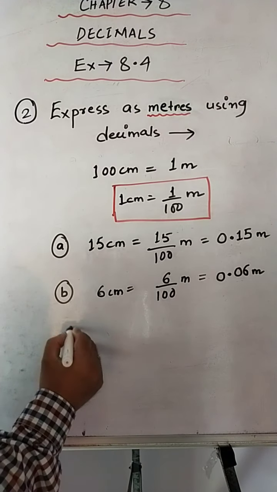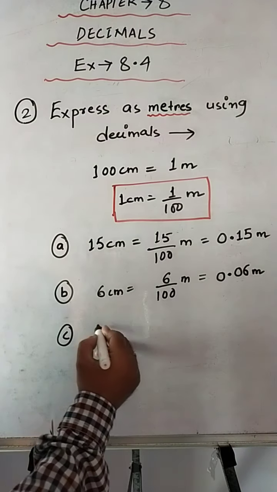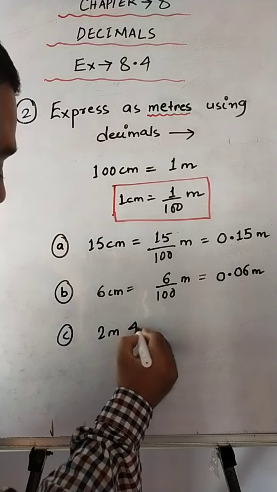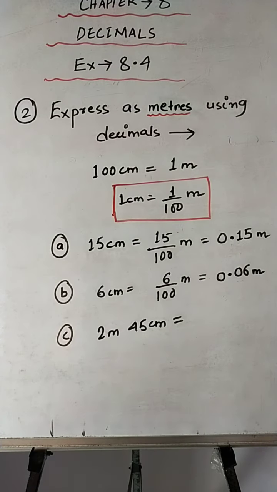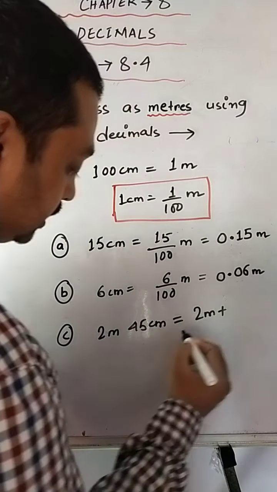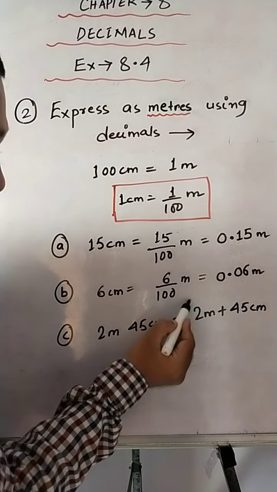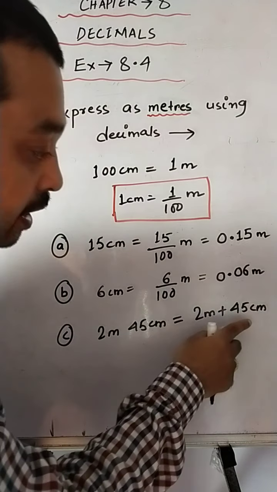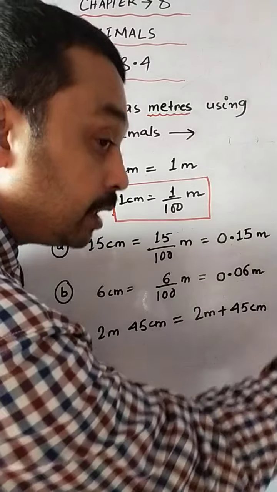Now what is C? C is 2 meter 45 centimeter, students. So first of all we will break this with a plus sign. Now you see this part is already in meter form, so we will not touch this, but this is in centimeter form, so we have to convert it into the meter form.